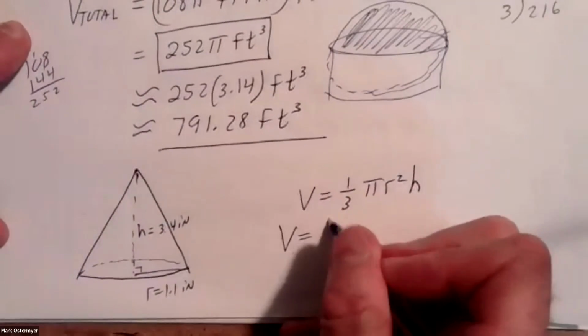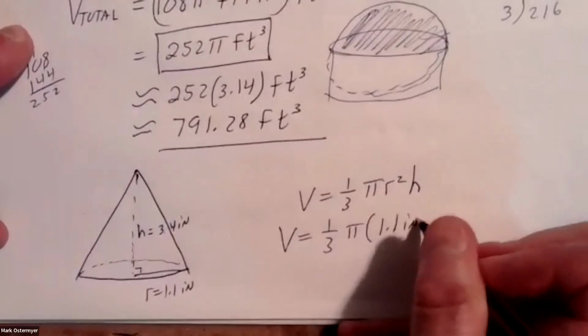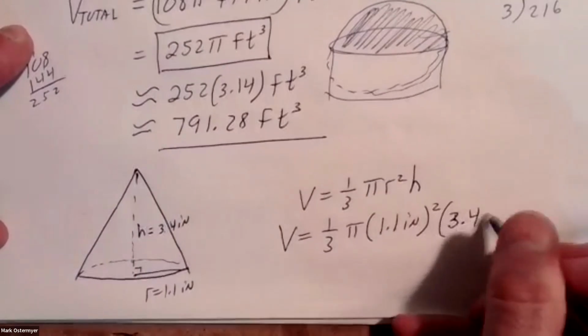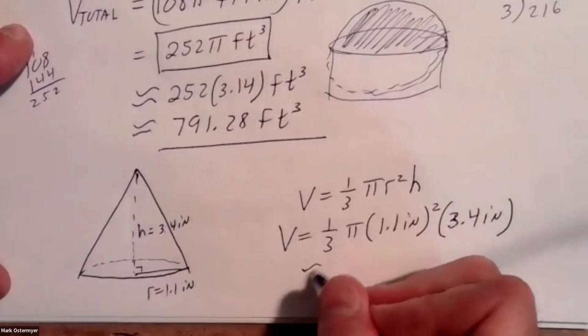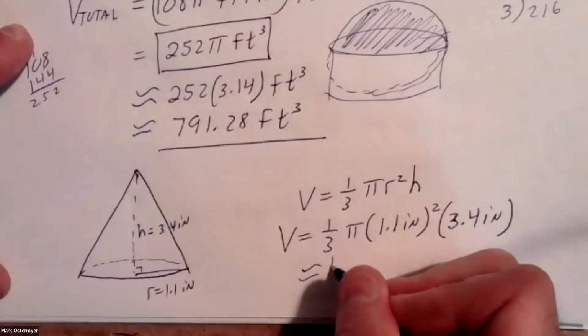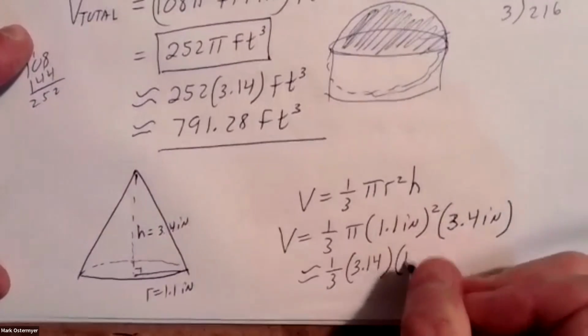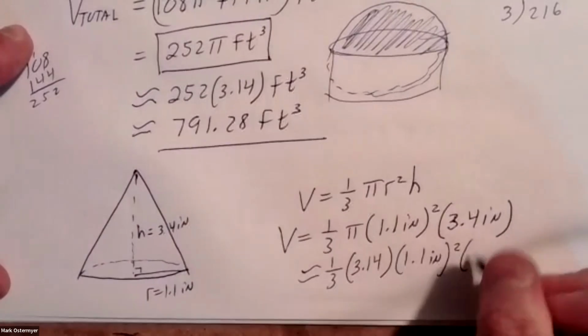So the volume of this cone is going to be 1/3 times pi times the radius, which is 1.1 inches, squared, times the height, which is 3.4 inches. You get on your calculator and dial this up, replacing pi with 3.14. You'll get an approximate volume.